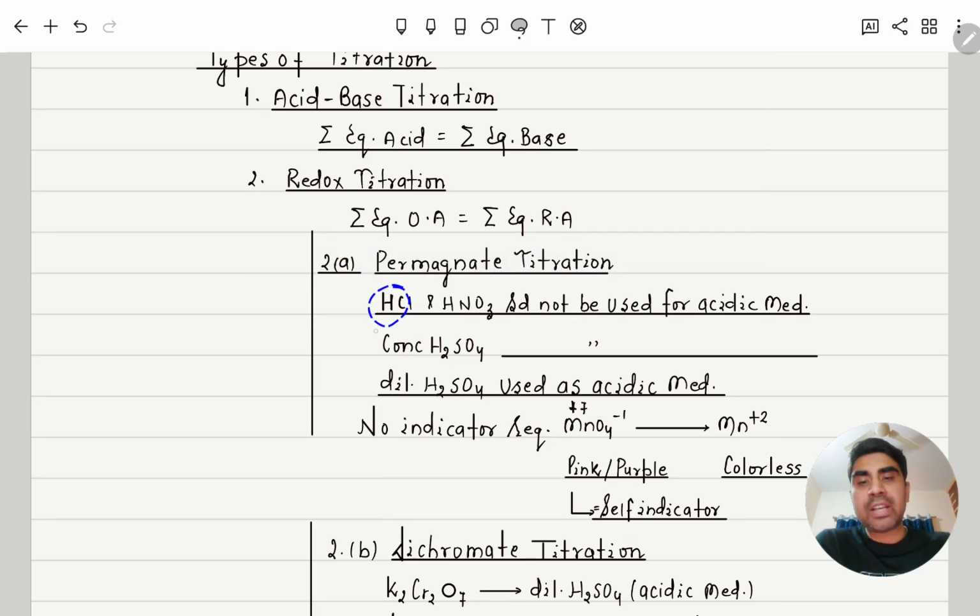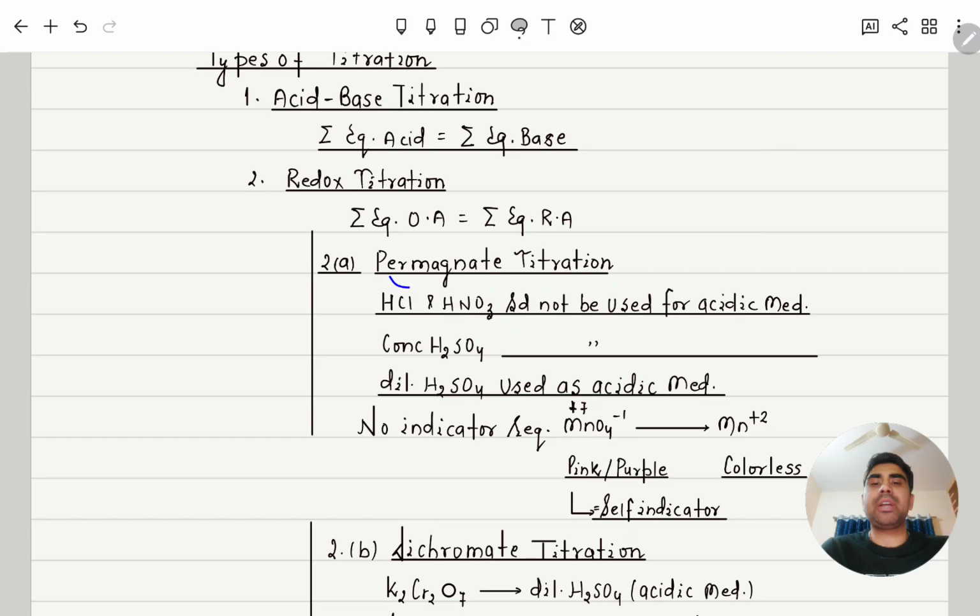Here we add acid just for the medium, but permanganate will titrate HCl and HNO3 also, so its equivalence will be disturbed, meaning while applying the law of equivalence the value will not be accurate, so the answers will be wrong.